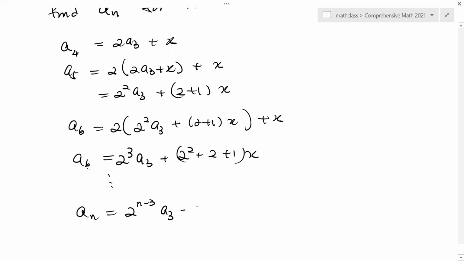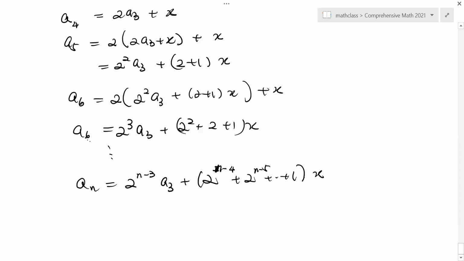Then here, this is going to be 2 to the n minus 4, and 2 to the n minus 5, and just keep it going. So this is a general formula. And if you know the value of A3, then you can get the general formula.